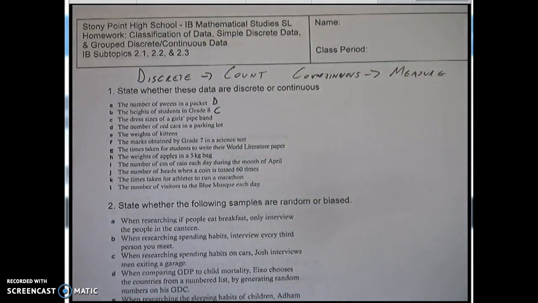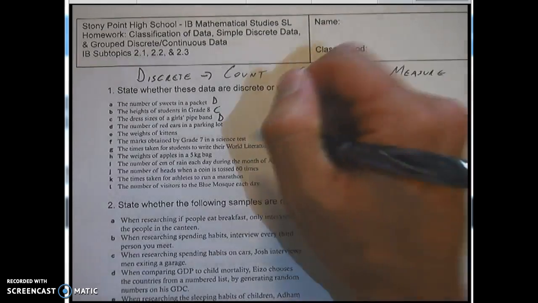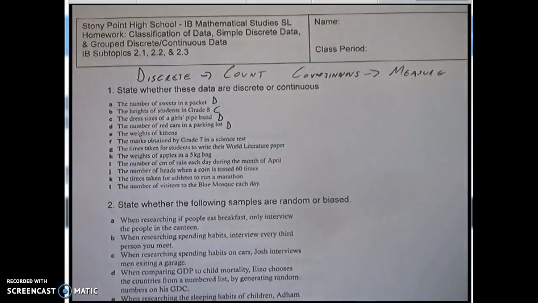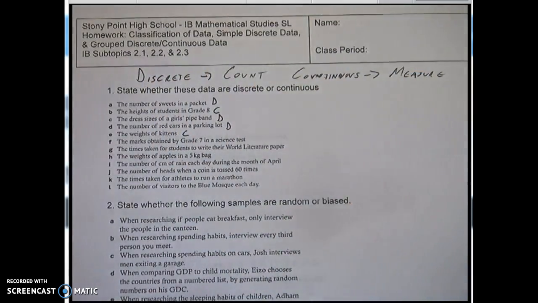Dress sizes of girls are actually in sizes like 1, 2, 3, 4, 5, so those are discrete. You can't have a dress size of 13.247. The number of red cars in a parking lot, that's discrete, you can count that. The weights of kittens, that's continuous.